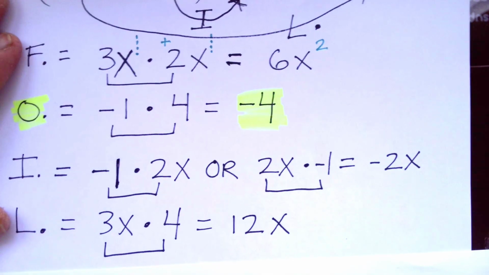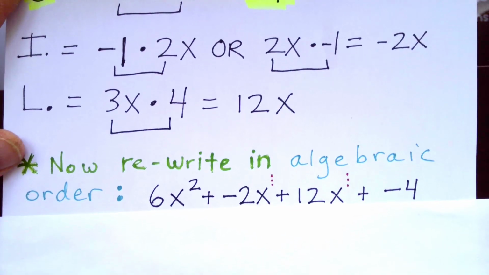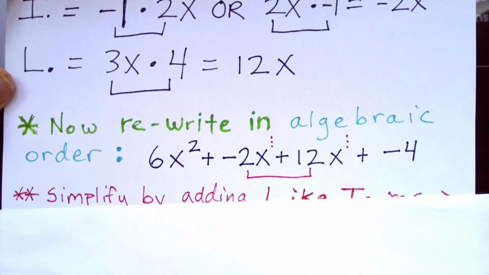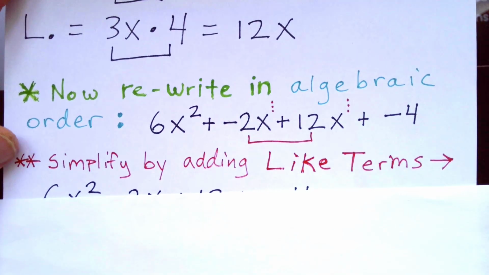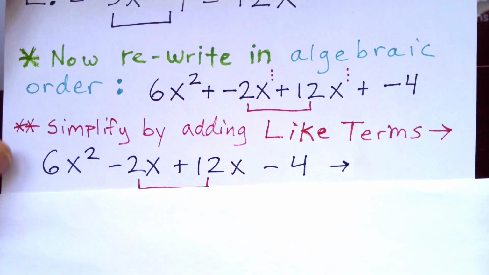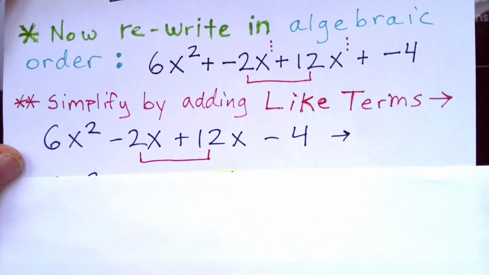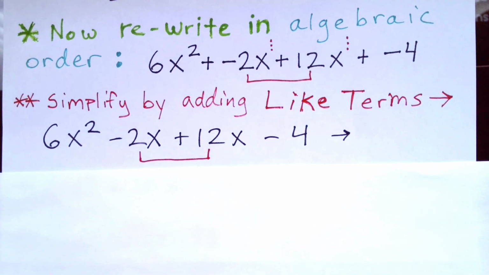I'm just going to put all these in order, again separated with a plus sign, in algebraic order. I also have a video explaining what algebraic order is, and you can check it out to clarify what you need to do.